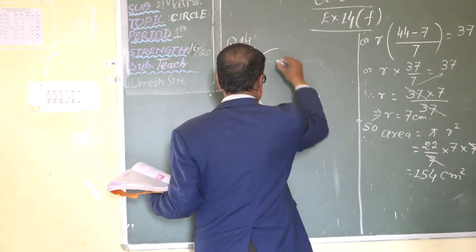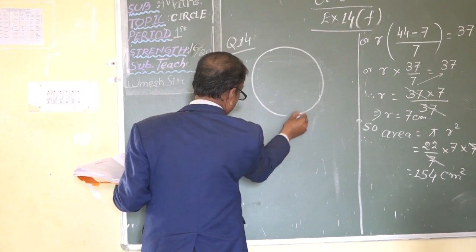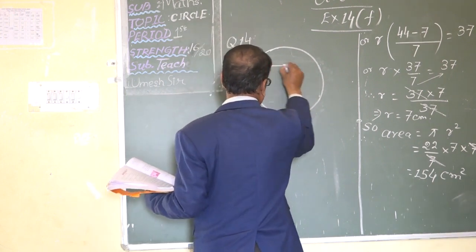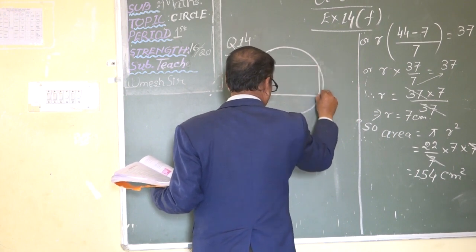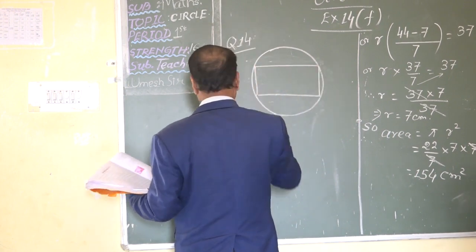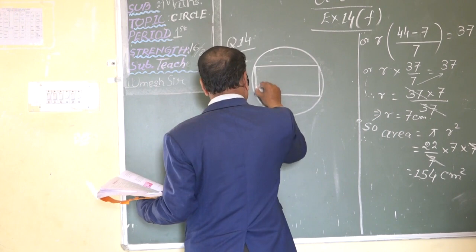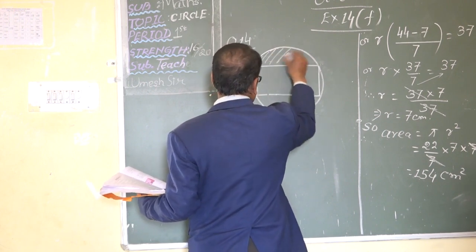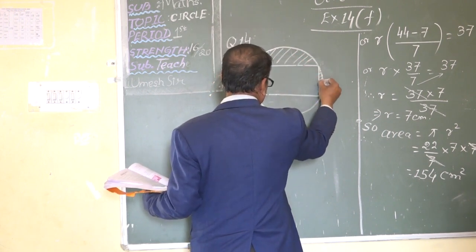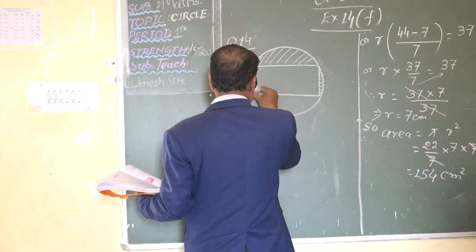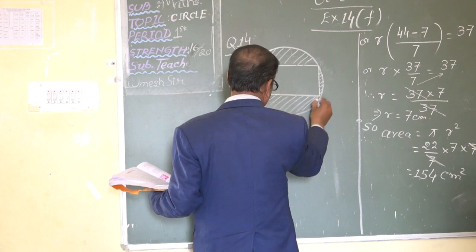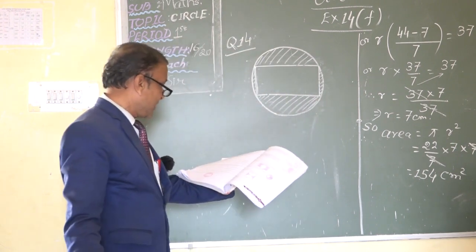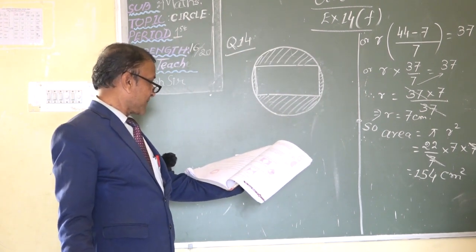In question number 14, one circle is there, one rectangle is there, and here these are the shaded part. Shaded portion means inside a circle a rectangle is there, and it is asked to find the area of this shaded part.